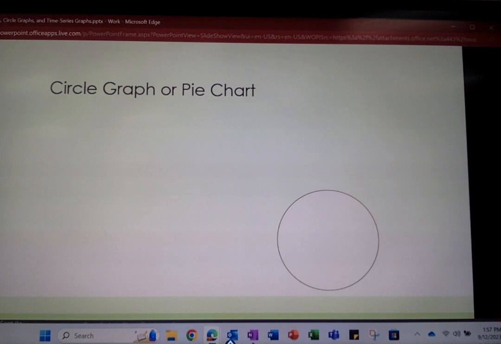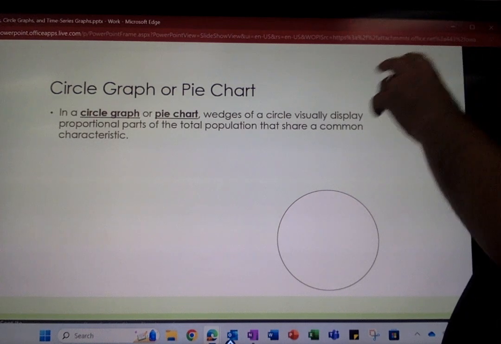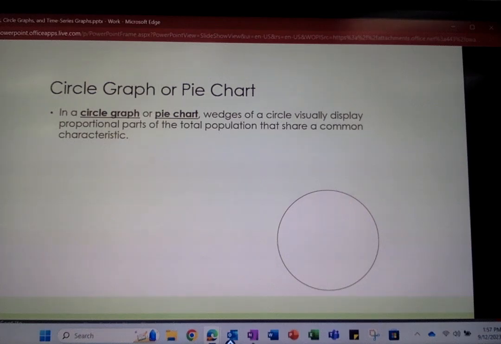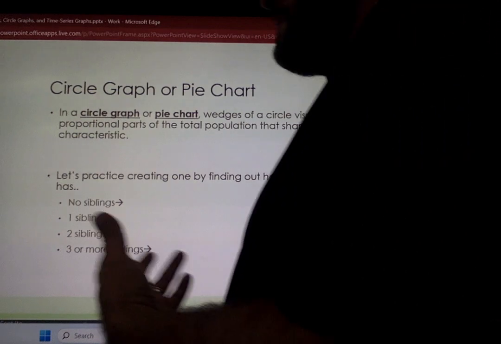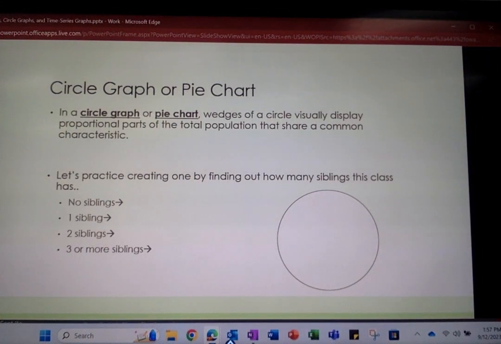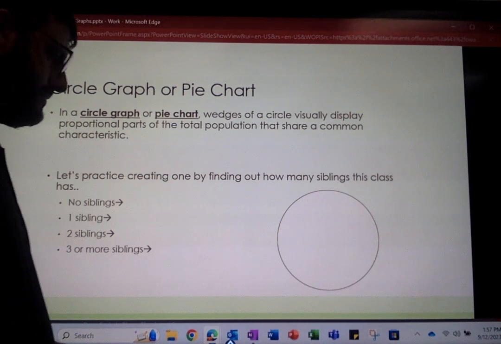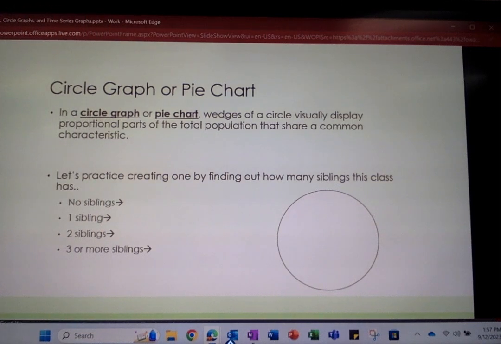So here's a circle graph or a pie chart. In a circle graph or a pie chart, wedges of a circle visually display proportional parts of the population that share a common characteristic. So, for example, I want to find out how many siblings a group of people have.